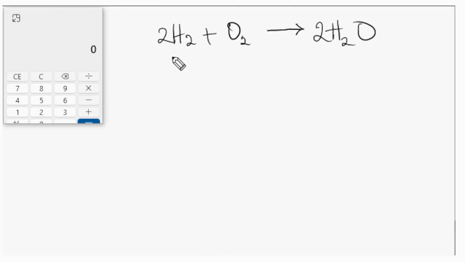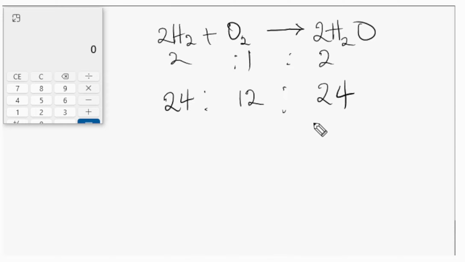So they'll have the ratio 2 here is to 1 here is to 2 here. So in that case, if 12 cm cube of oxygen was used, it means that the volume of hydrogen that will be used is 2 times this 12, and guys, that's 24 cm cube, and then 24 cm cube of this gas will be produced.